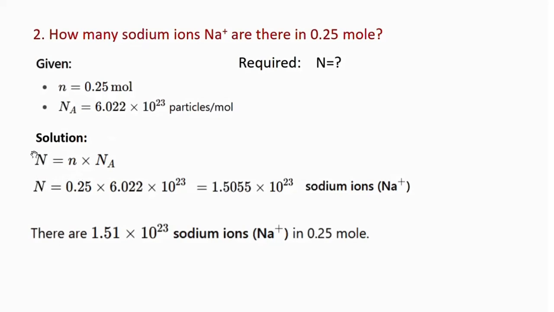In the same way, we write the formula, then we substitute the values into the formula, multiply these numbers and leave the power of ten out, and we get this result: 1.5055 times 10 to 23, which means there are this many sodium ions in 0.25 mole.